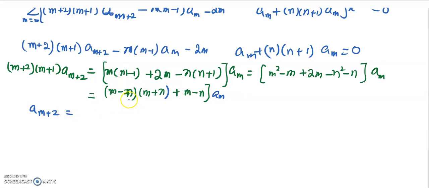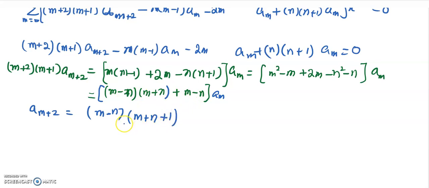is equal to, now what I can do is I can take m plus n as common, sorry, I can take m minus n as common, m minus n as common, and then it will be m plus n over here, and then there will be 1 over here.